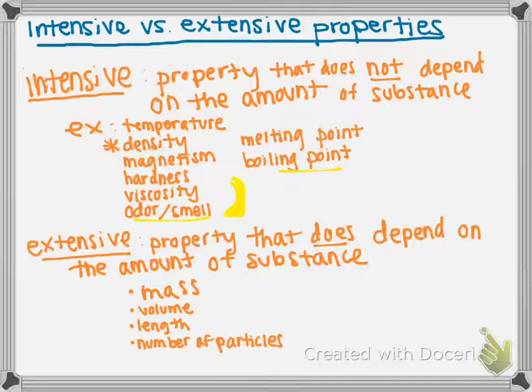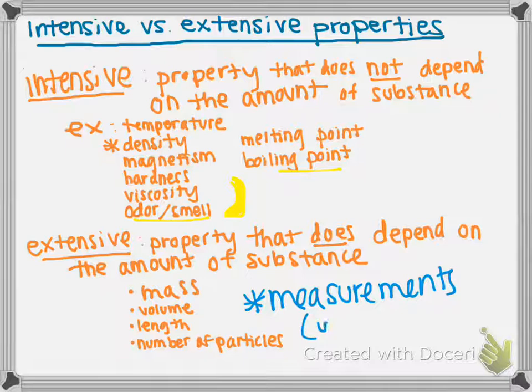If you notice, those are all like measurements. And so you can kind of remember extensive properties. It does depend on the amount of substance. You can also remember it as it's usually going to be measurements. Now I'm not going to say every single time, but usually the measurements are extensive properties.